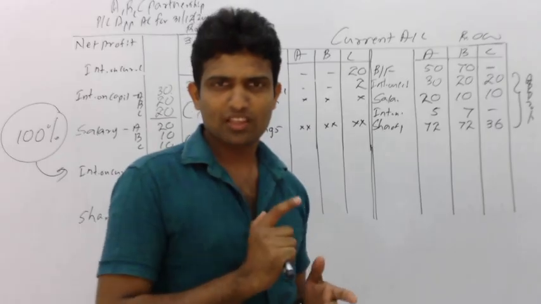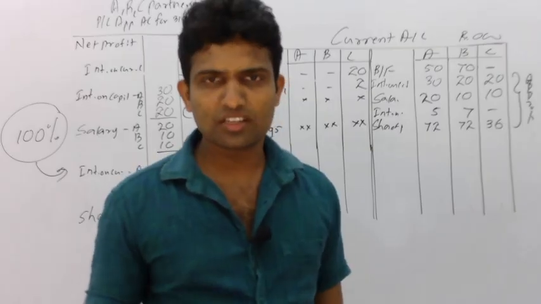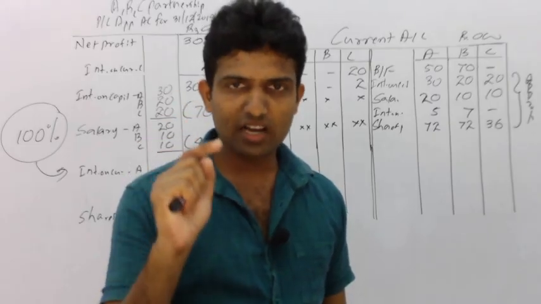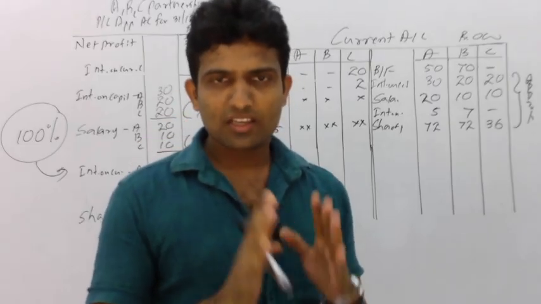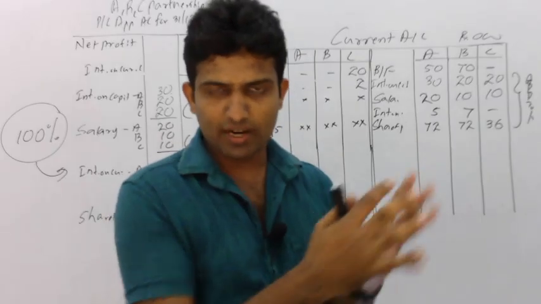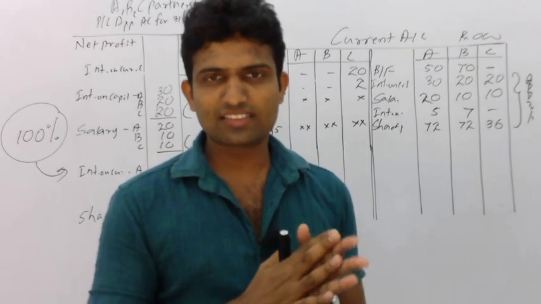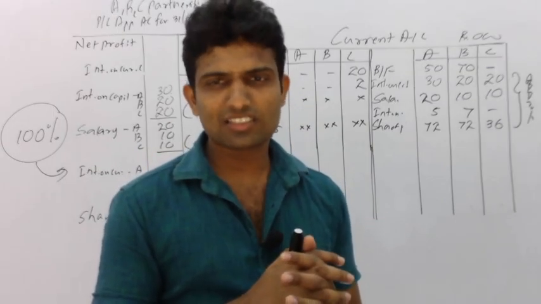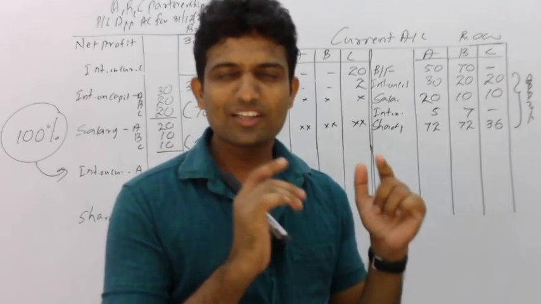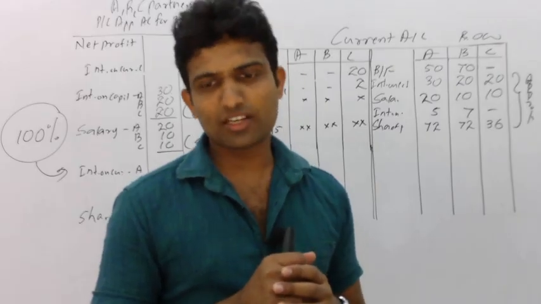If so, A is going to work as the marketing manager of the partnership. Now tell me, if A works as the marketing manager, is that done in the capacity of a partner, or is that beyond the capacity of the partner? The answer is clear. In that case, he is not a partner. Now he is an employee. A is going to work as an employee of the partnership.